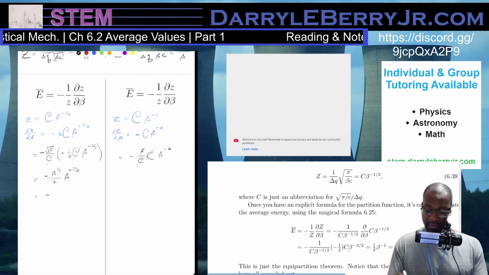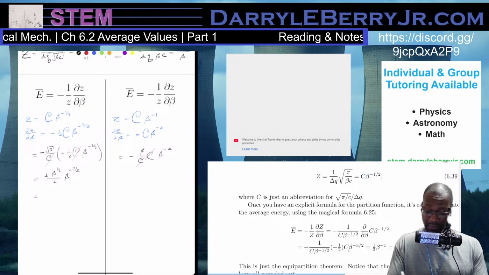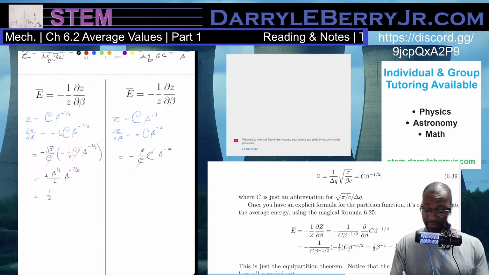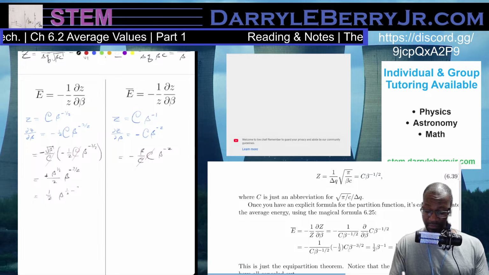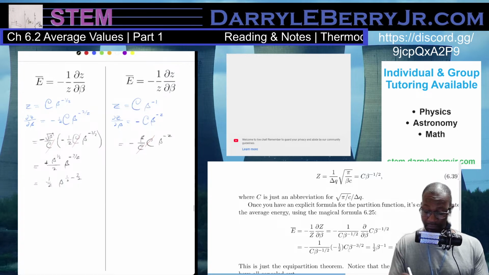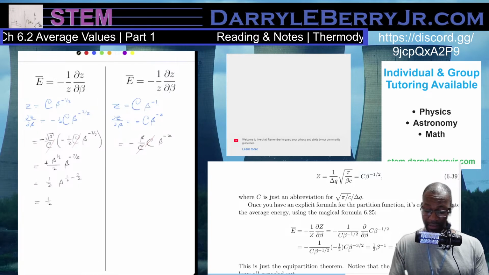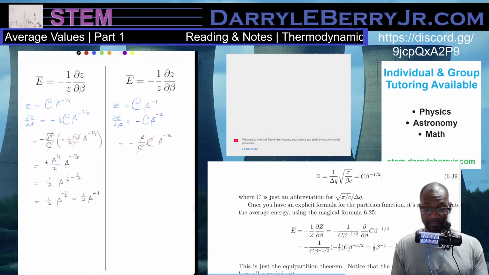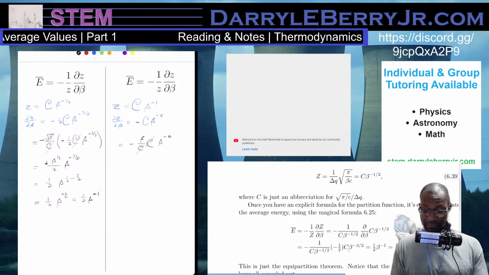So this is, oh, there's a negative there. So this will come positive. Then we have 1/2 B to the 1/2 minus 3/2 equals 1/2 B to the negative 2/2. So that's 1/2 B to the negative 1. This is what they have.